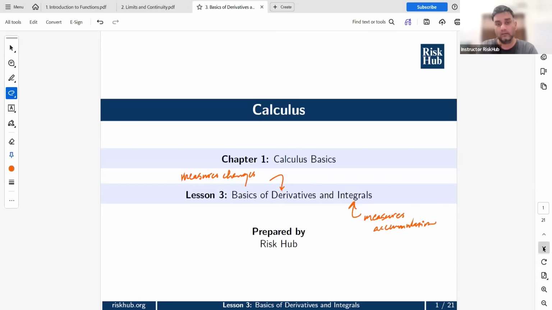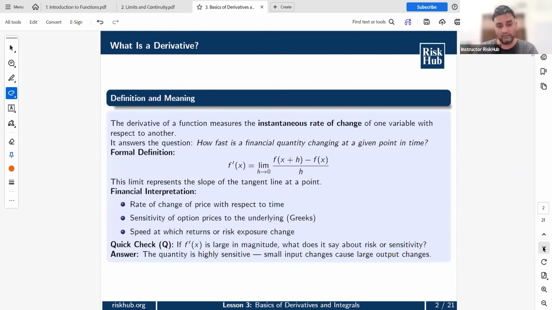Now, what is a derivative? Please try to understand, starting with a very intuitive understanding. A derivative measures how fast something changes. In finance, we constantly ask how fast is the price changing?